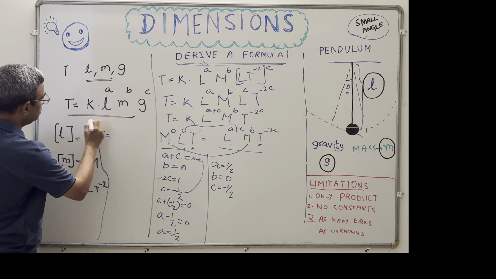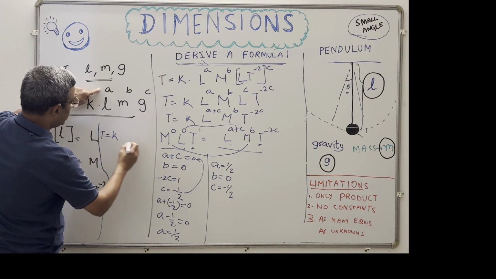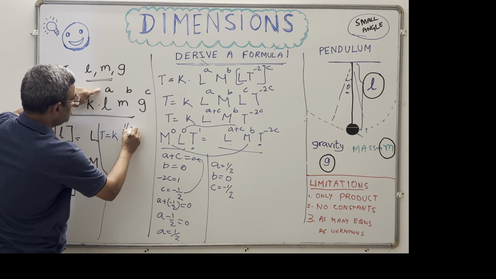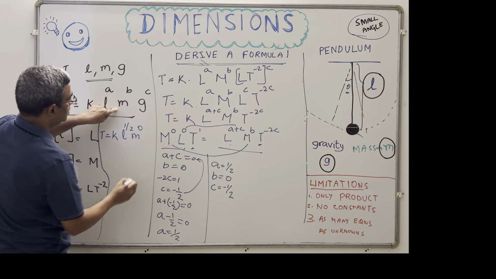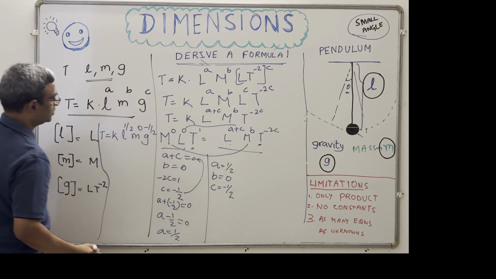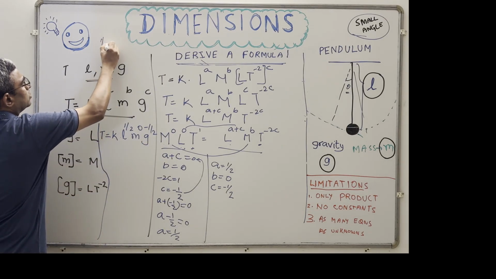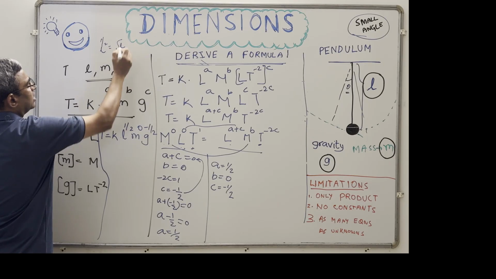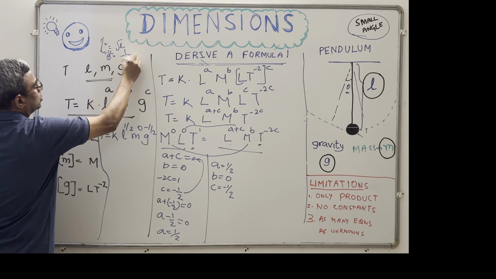T is equal to k into L power a, L power 1 by 2, m power b, m power 0, g power c, g power minus 1 by 2. What is L to the power of 1 by 2? L to the power 1 by 2 is nothing but root of L, and g power minus 1 by 2 is 1 by root g.